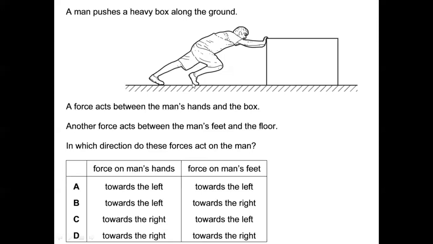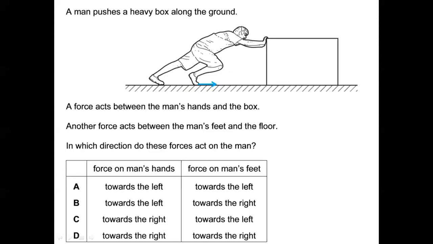Now, if you look at the feet of the man, his feet are actually exerting a force on the ground that is directed to the left. So that means the force exerted on the man's feet will be directed to the right.